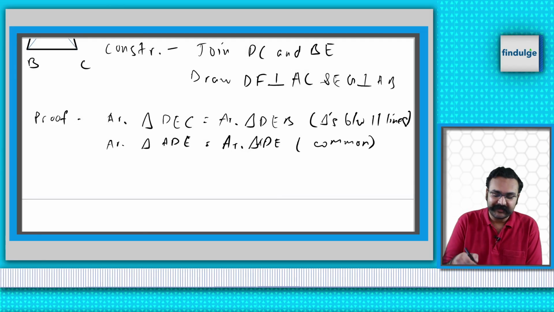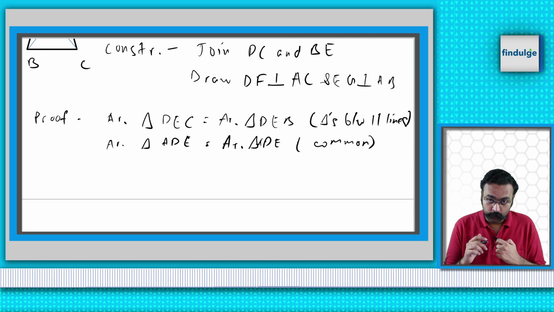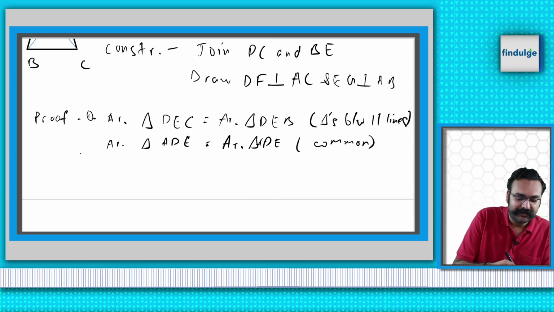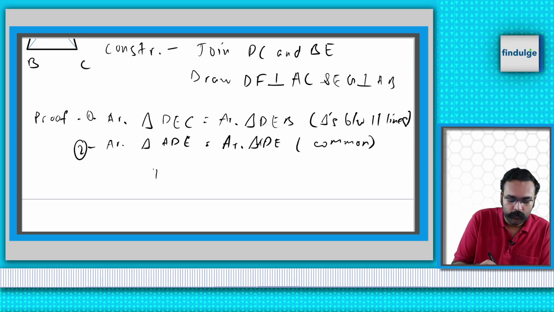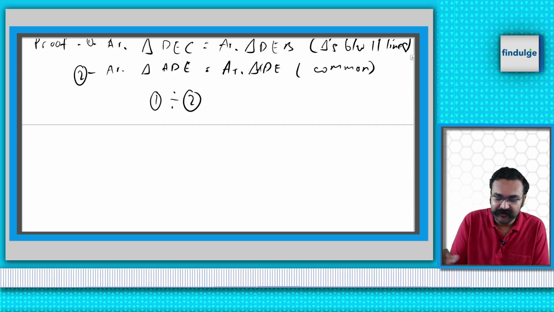So now that we have written these two things, that area of triangle DEC is equal to area of triangle DEB, and obviously area of triangle ADE is equal to area of triangle ADE, what we're going to do is we are going to divide these two equations. So if I say that let this be 1 and let this be 2, we're going to do 1 divided by 2. Now that means what I'm saying is that obviously this is equal and this is equal.